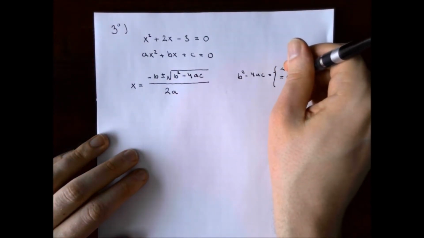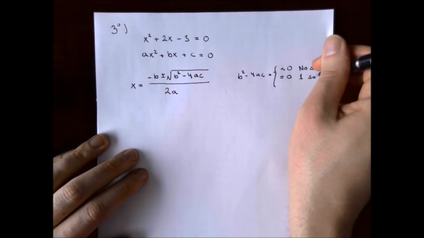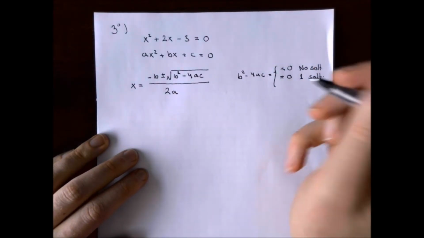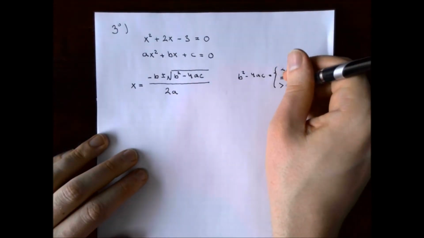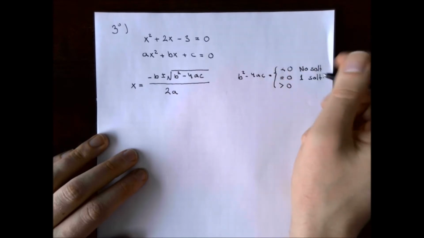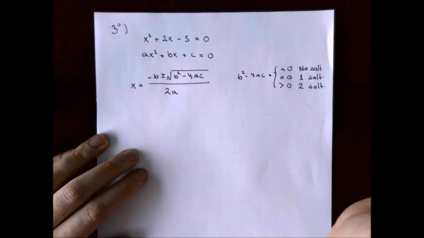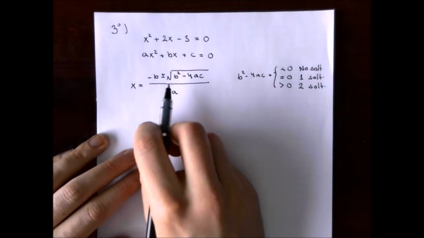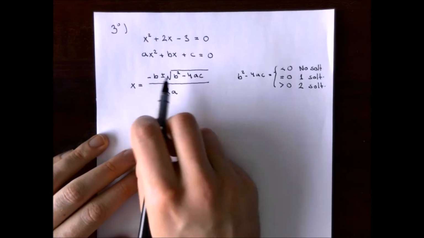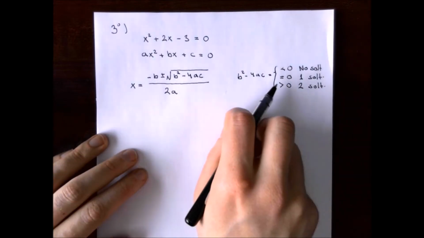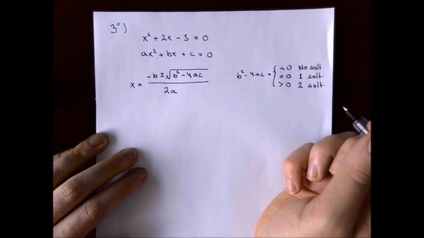If it is exactly 0, there's one solution. And if the discriminant is greater than 0, then we have 2 solutions. So we have a number plus some number or minus some number. In the case this is equal to 0, the 2 would be the same.